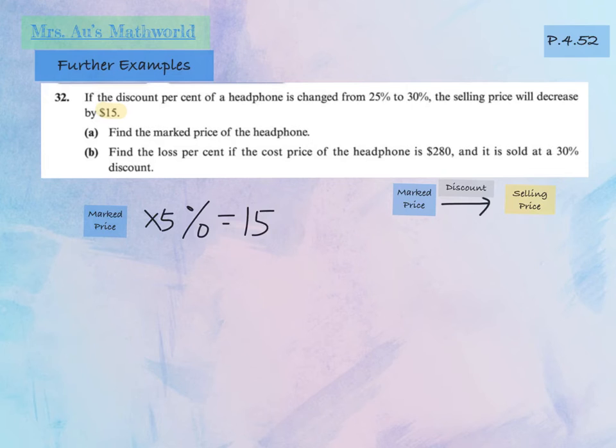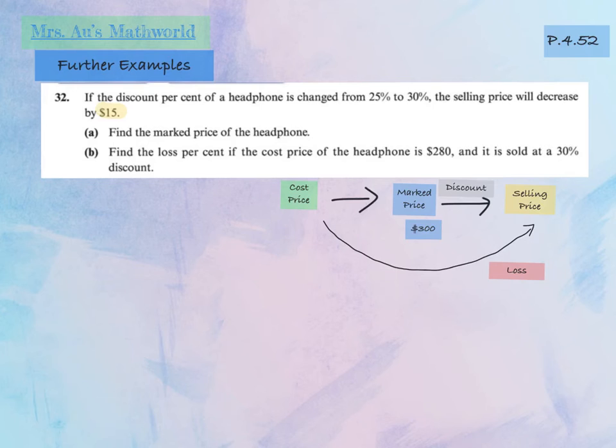For presentation, you can write it out yourself. Basically, the concept will be in this way. So you can find out the market price at last will be $300. So this is the story of part A.